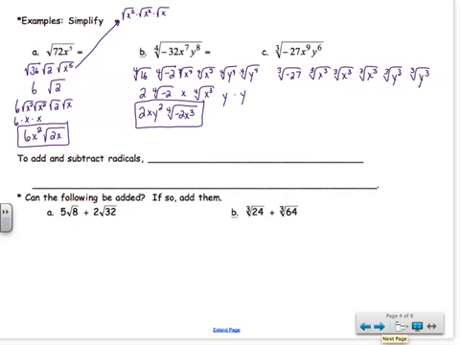Now, as I simplify these, I get negative 3 x, x, x, y, y, which gives me negative 3x cubed y squared.